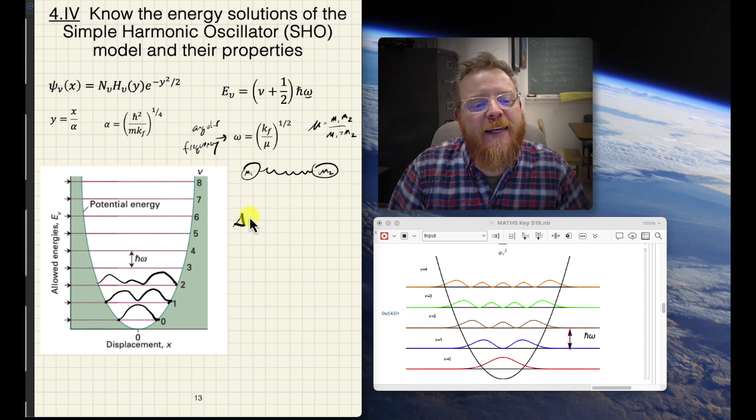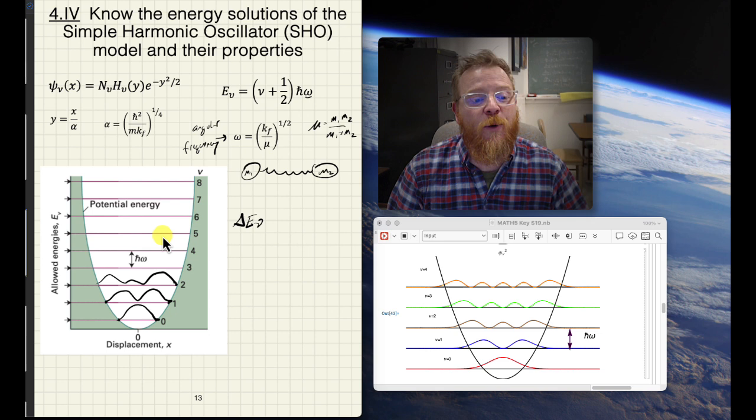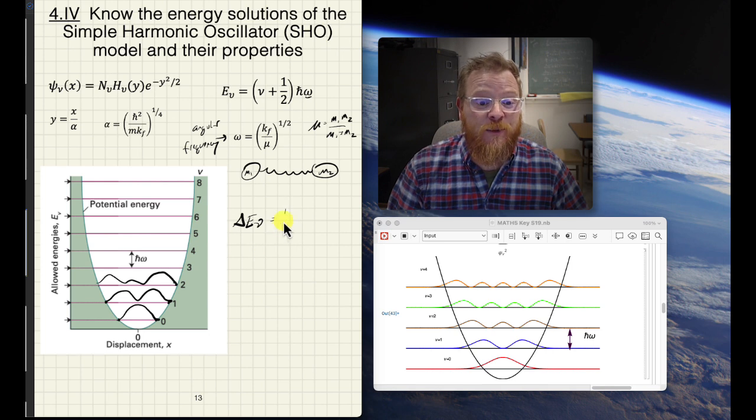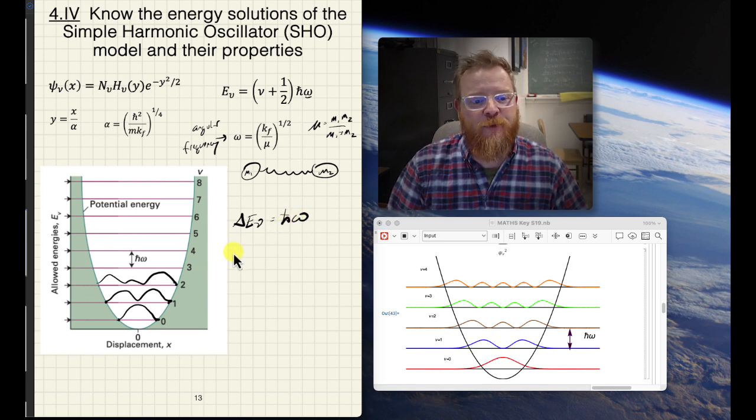And now if we were to calculate delta E of nu between any of those levels, we would find that it equals h bar omega, right? So if I take, for example, E at level 1, that's going to be 3/2 h bar omega. And E at level 0 is 1/2 h bar omega.